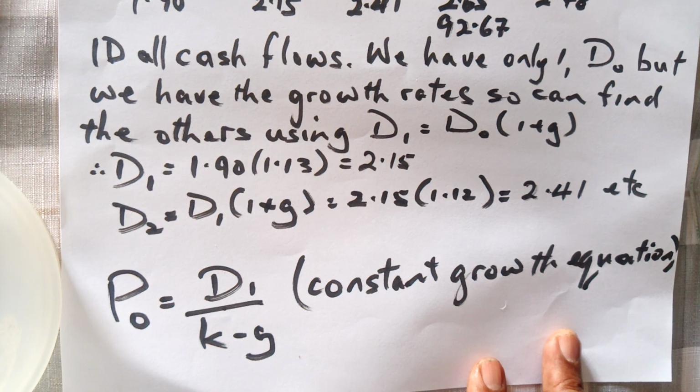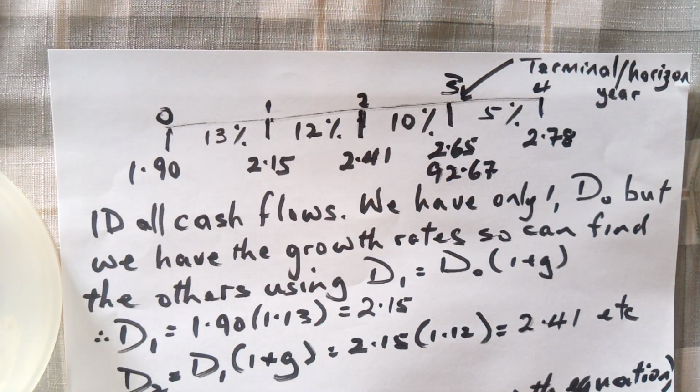Now, D3, or year 3, is a very special year because the accelerated or non-constant growth ends at year 3, but constant growth starts at year 3. So two things happen there, which makes it a rather special year. And in a valuation problem, you will need to identify that year. It's only year 3 in this problem, but it could have been any other year.